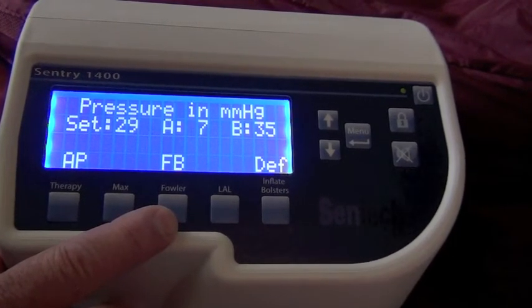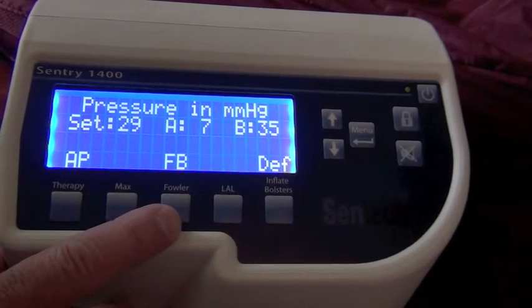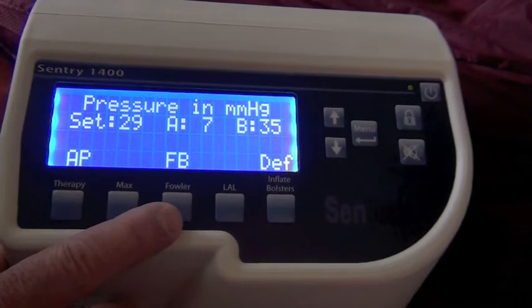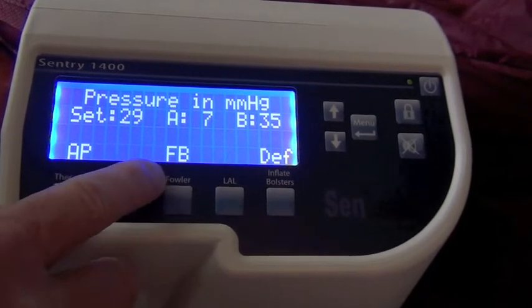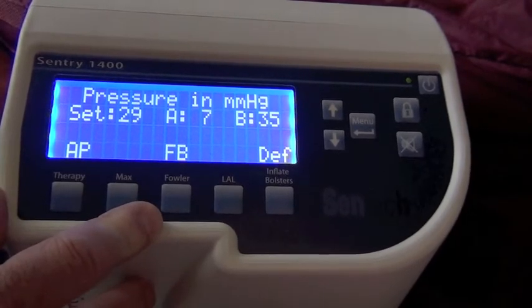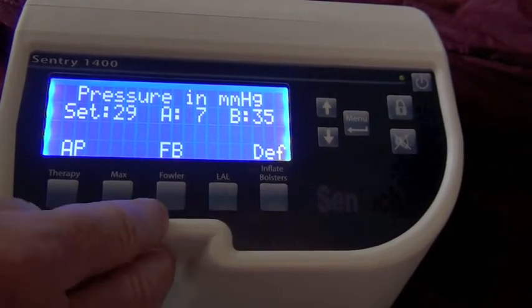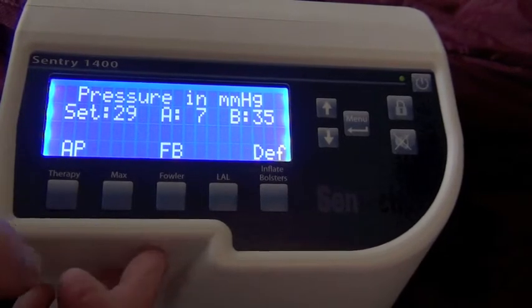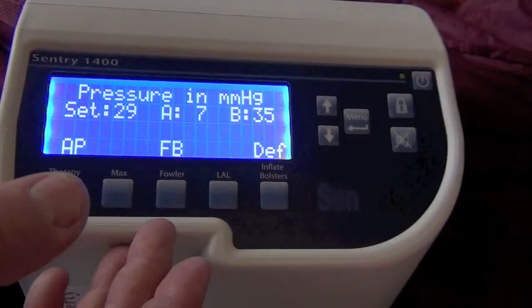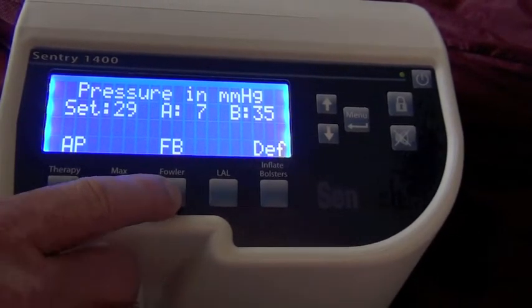When you're sitting up, that vertical load shifts, and there's considerably more pressure now simply because of load being applied to your bottom. So we need additional air in the system to offset your tendency to go deeper into the mattress. And that's what Fowler Boost is for. So any of your patients who admit with reflux, who are on tube feedings, where you're concerned about aspiration, you want to engage Fowler Boost for those patients.